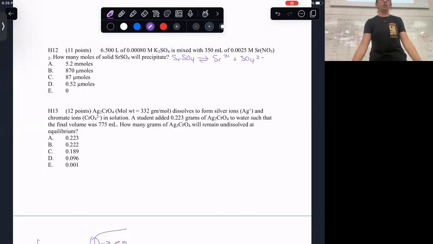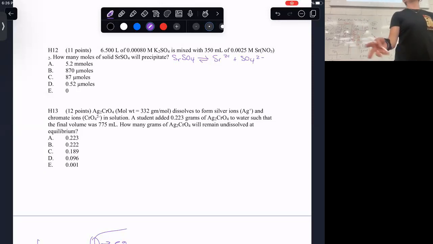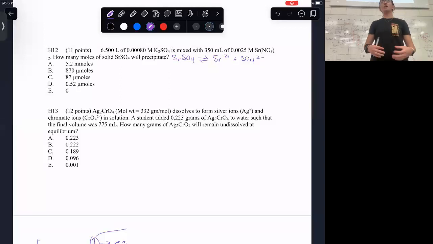The whole point of this question is to ask how many moles of solid strontium sulfate will precipitate. So we need to know the concentration of ions in solution to see if Q is greater than K, which would push us back towards our reactants. How do we find how many ions are in solution?